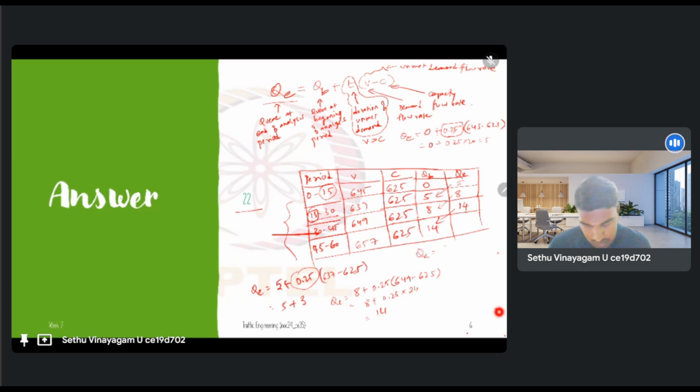QE is this time 14 plus 0.25 times 657 minus 625. That will be 14 plus 8, which is 22. So finally at the end of the analysis period, at 60 minutes, we have 22 vehicles. That's how we find the Q at the end of our analysis period.